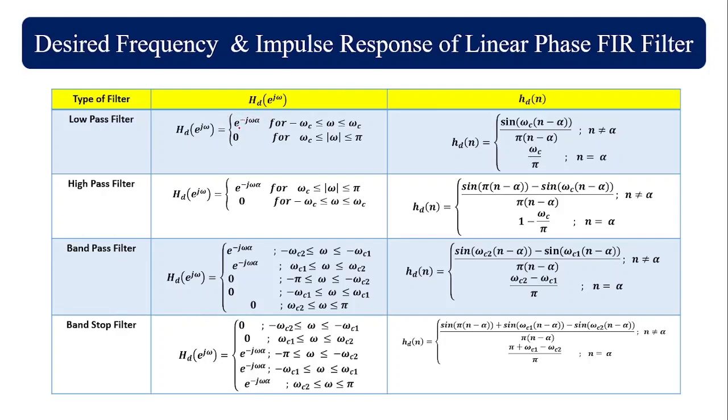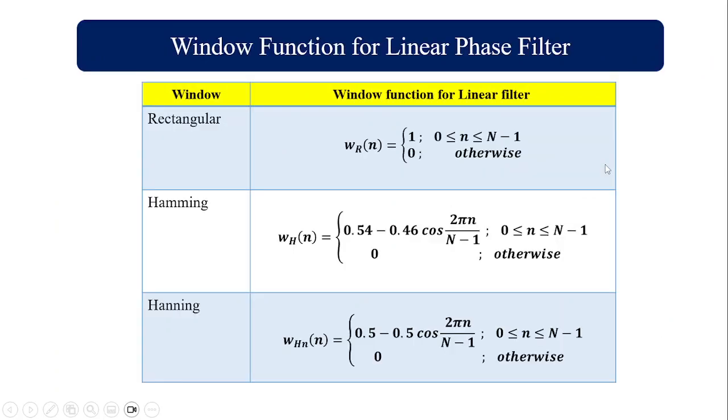So for linear phase, it is e power minus j omega alpha, where alpha is equal to (N minus 1)/2. And for impulse response, the conditions will be n not equal to alpha and n equal to alpha. And the window functions have the range of 0 to N minus 1.